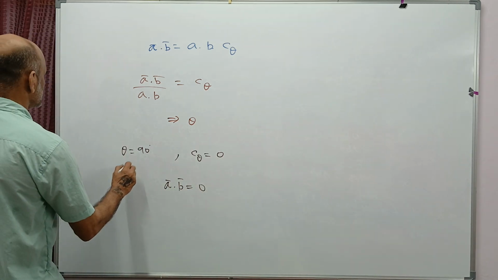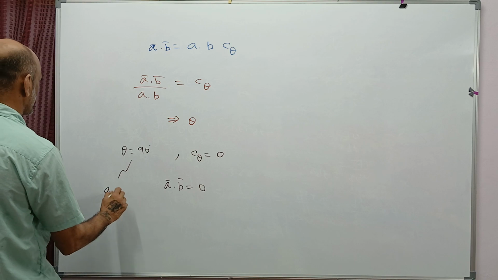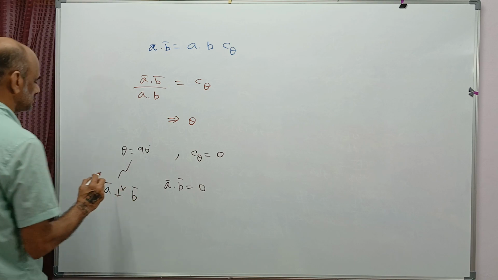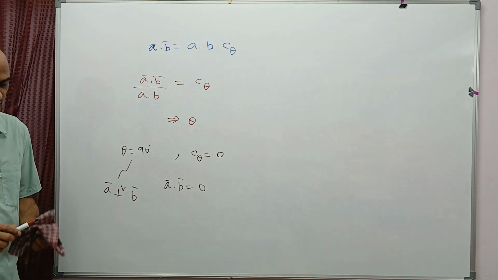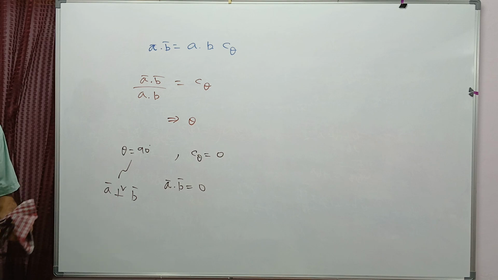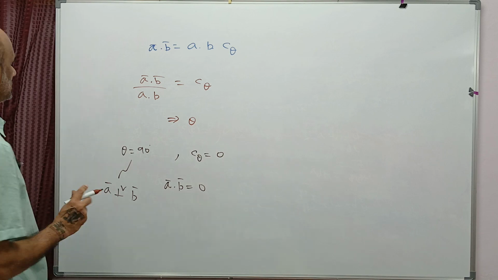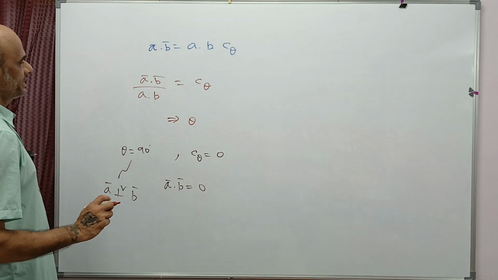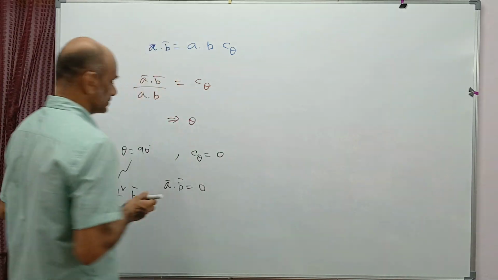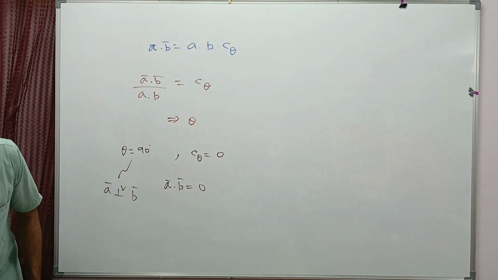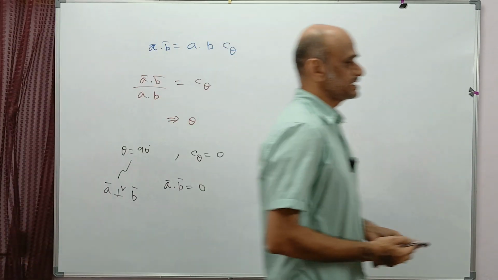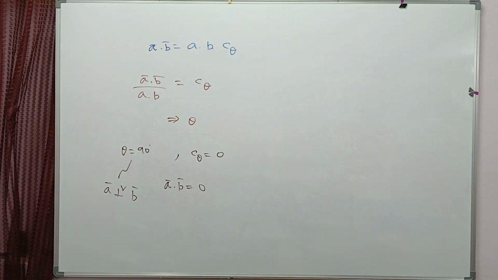Theta 90 degrees means A and B are perpendicular, because theta is the angle between A and B. So for perpendicular vectors, the dot product is 0. So with these basic ideas, we can solve these NEET PYQs.